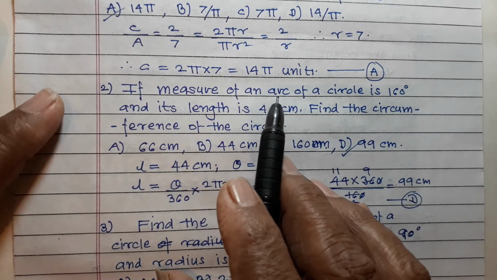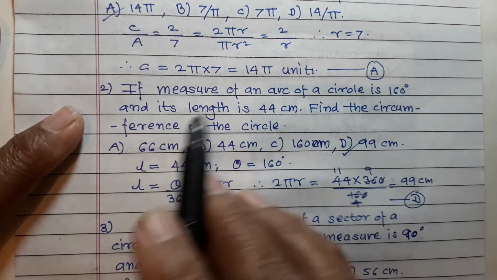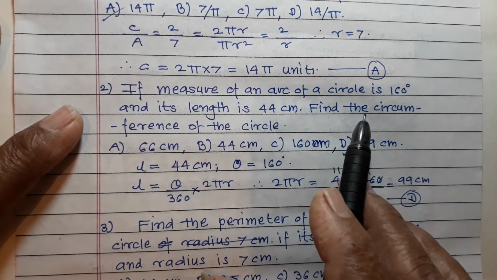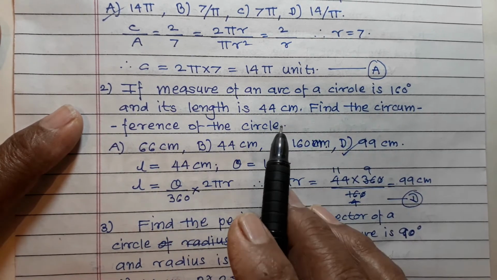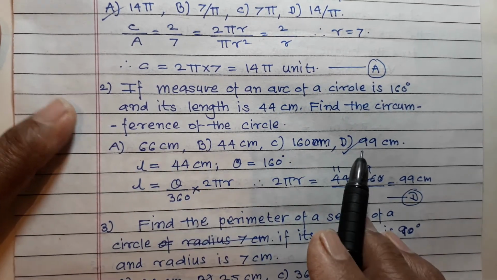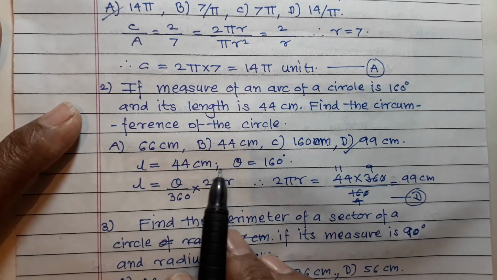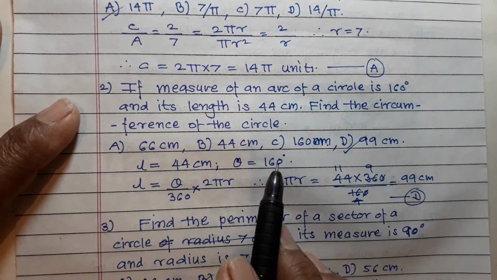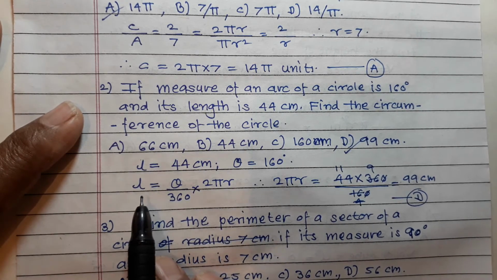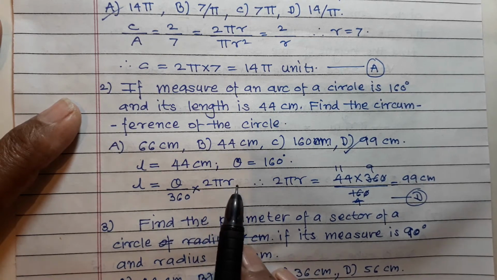If the measure of an arc of a circle is 160 degree and its length is 44 cm, find the circumference of the circle. Alternatives are given. So L is equal to 44 cm, theta is equal to 160 degree, and therefore L is equal to theta upon 360 into 2 pi r.